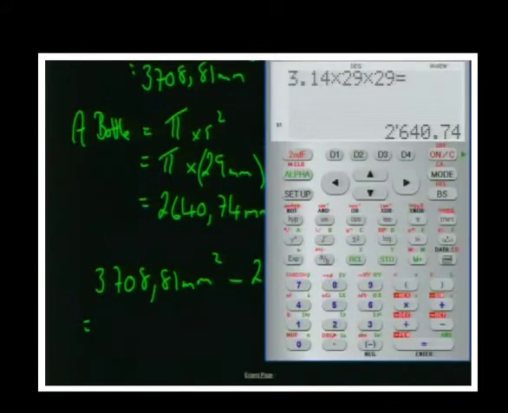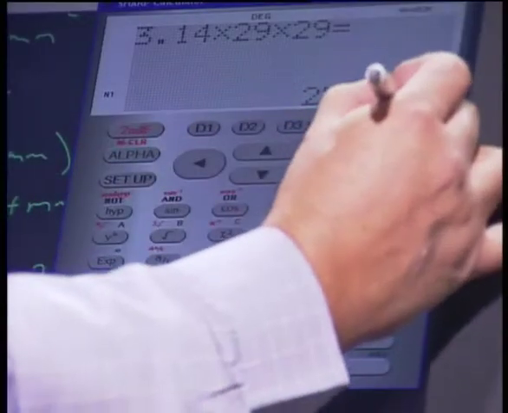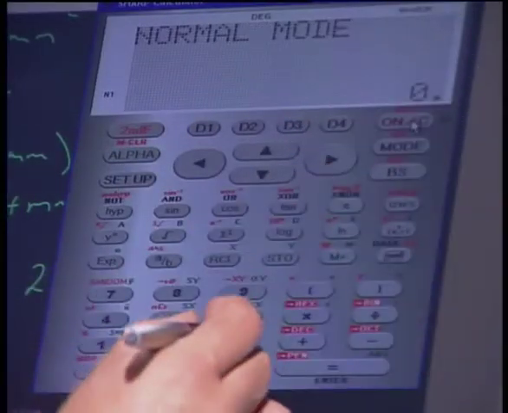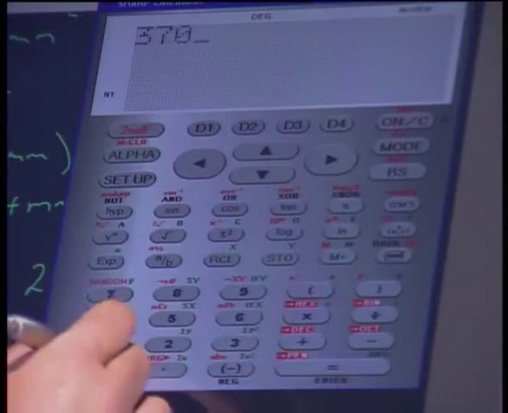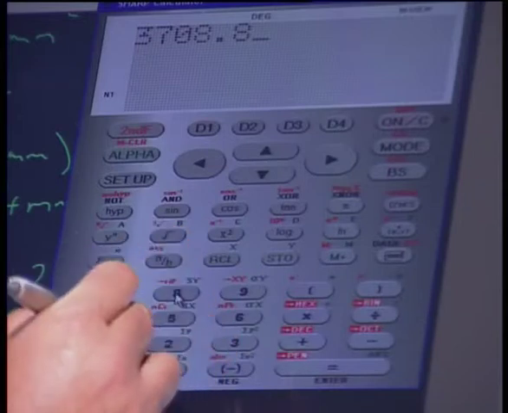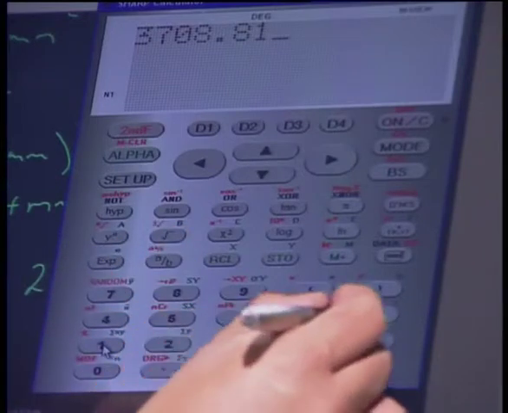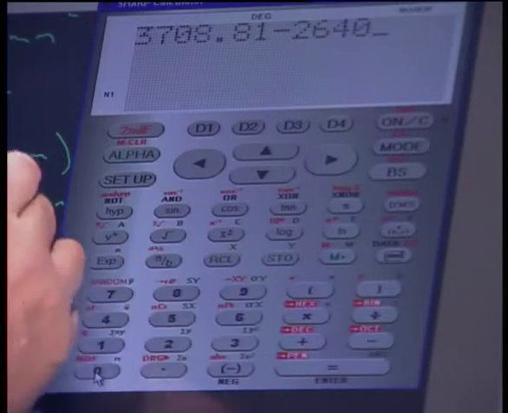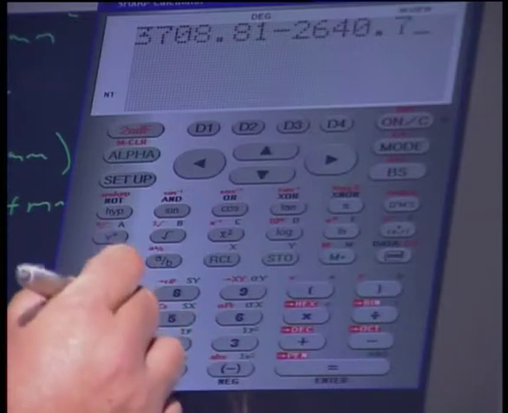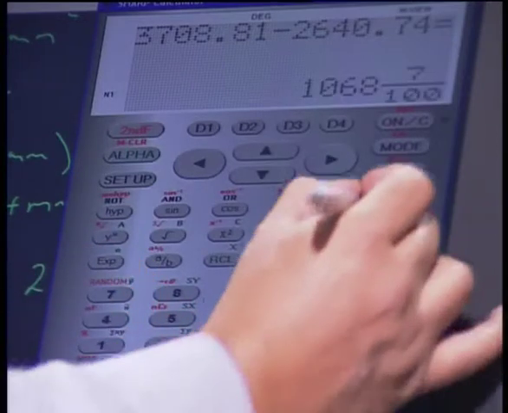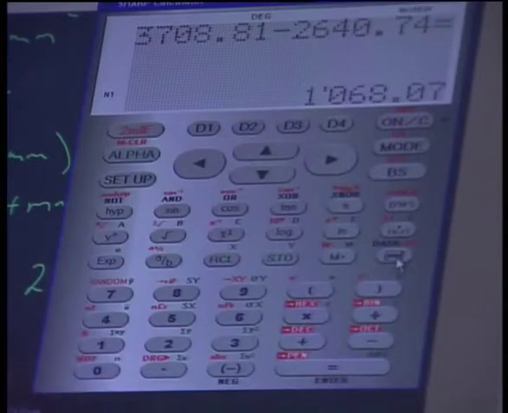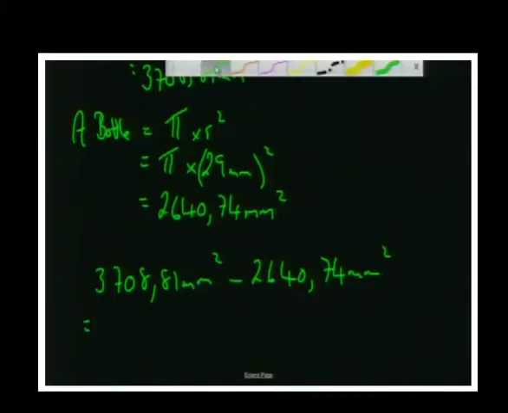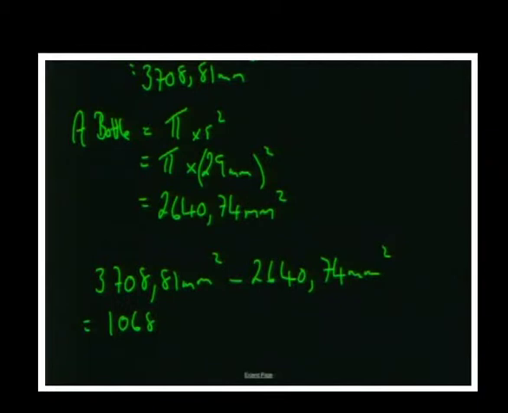So calculator comes up again, and let's clear all that. We're going to say 3,708.81 minus 2,640.74, equals, and we're going to land up here with an answer of 1,068.07 millimeters squared.